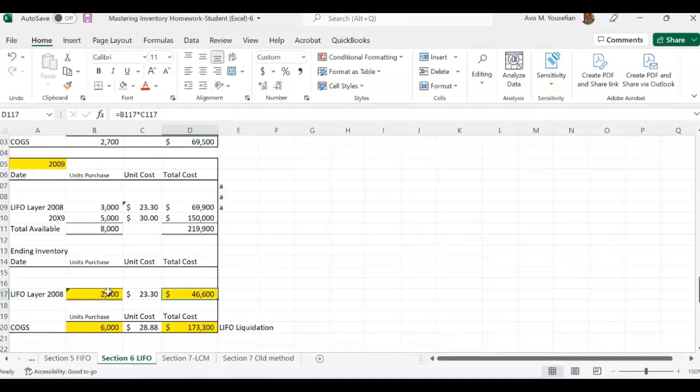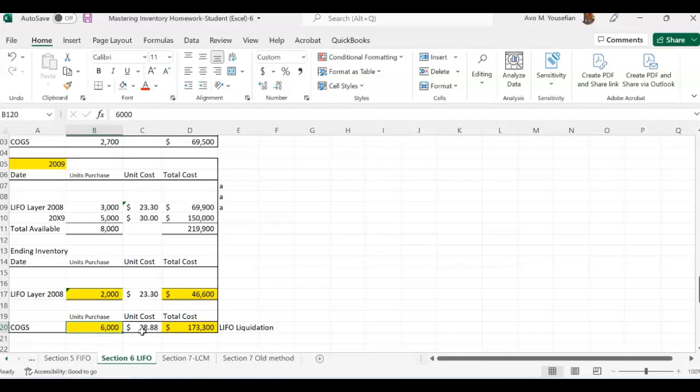Now, if this is the ending, then how many units did we sell? We sold 6,000 units, which is 8,000 less 2,000, right? And that gives us 6,000 units.